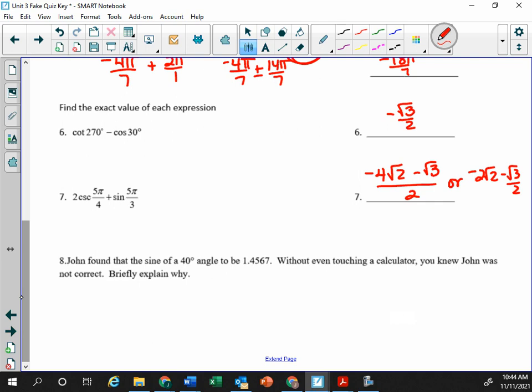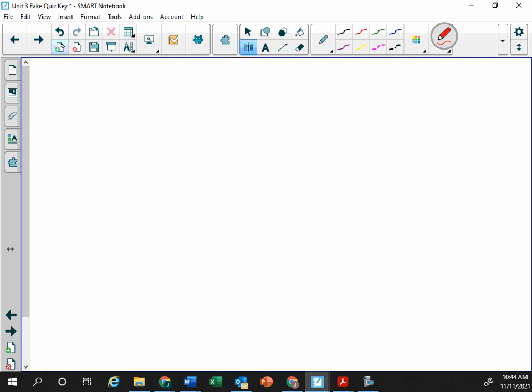All right. So cosecant of 5 pi over 4. Think about where 5 pi over 4 is. It is down here, right? Do you know your ordered pair for that point? Okay. So we care about the y value this time, but they're the same number, so it doesn't actually matter. But we want the cosecant of it. So guys, little cheat sheet for you here. If you start with the ordered pair value of root 2 over 2, every time you flip it, you end up with just root 2, okay?